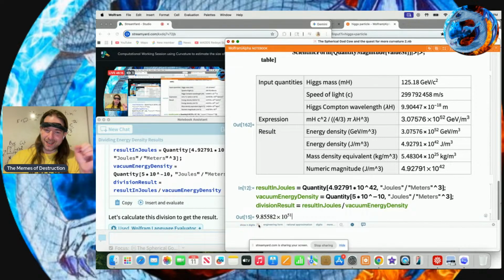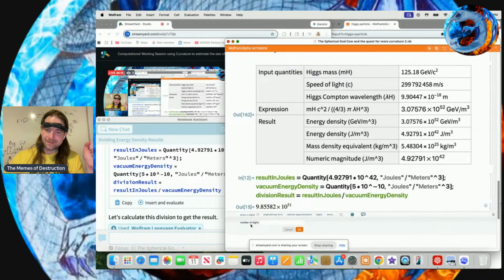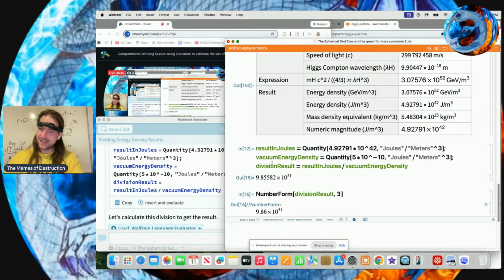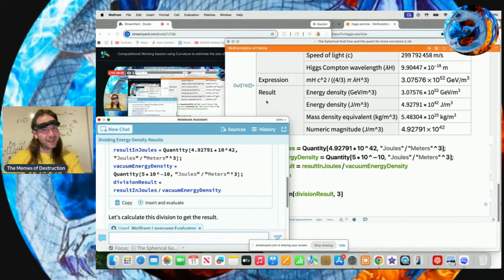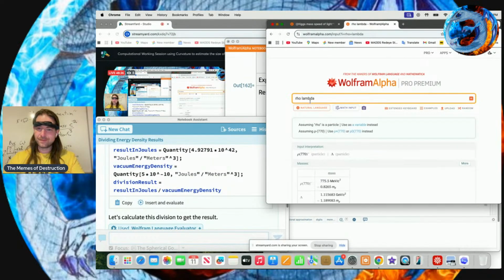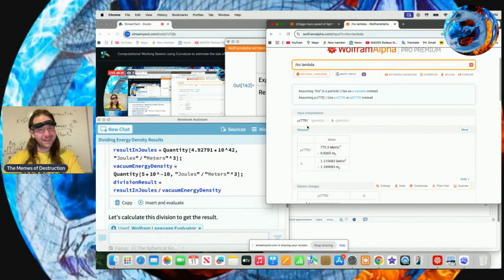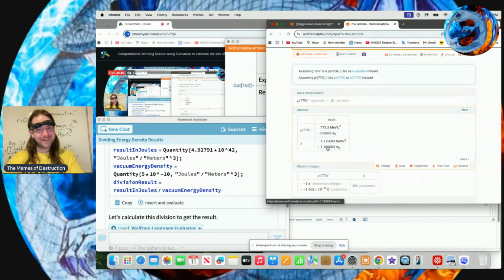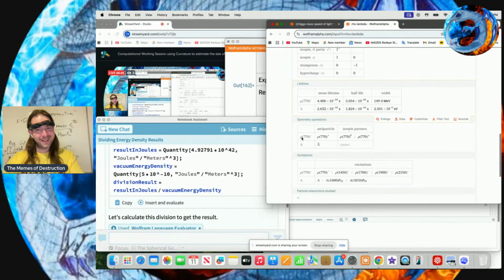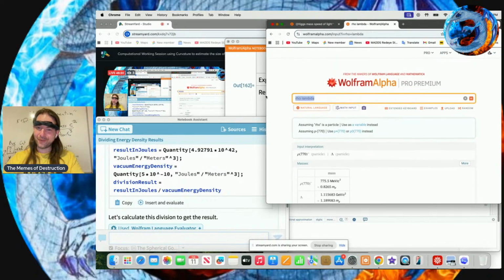Let's see, show in digits. Let's see, rho. Oh, it's giving us, oh, rho lambda meson. So many things I don't know. I think these are all a lot of Stephen Wolfram's old friends and everything.